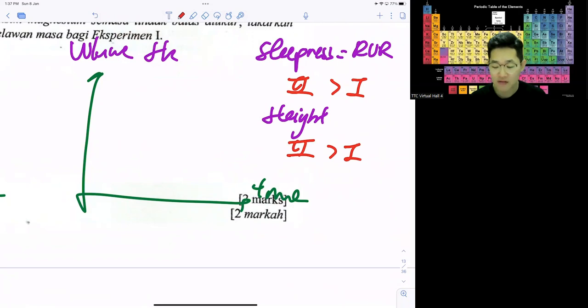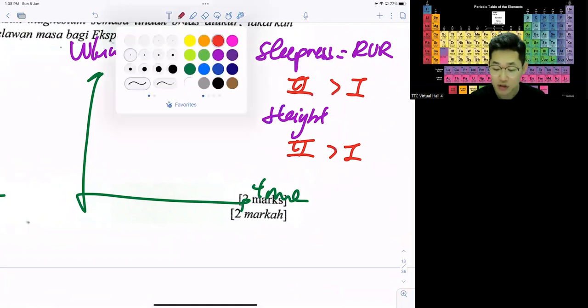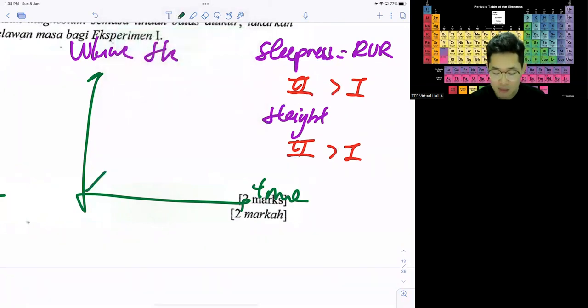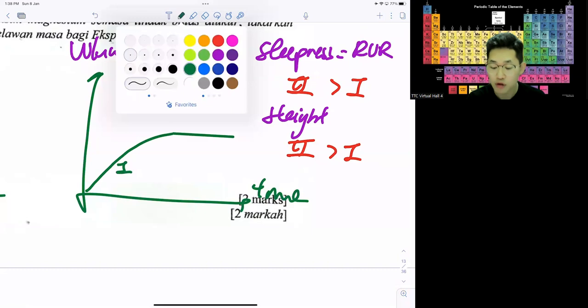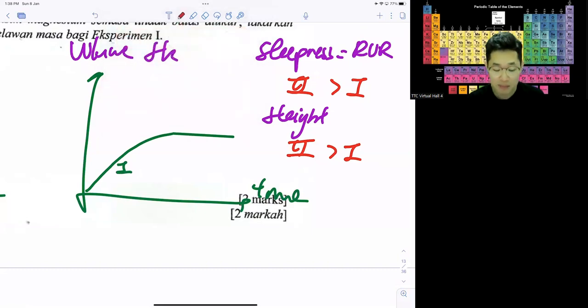So when I'm sketching my graph this time, I know that I have to draw 2 steeper than 1, 2 higher than 1. That's it. First, we simply draw 1 as a standard, and I label it as 1. Now I'm drawing 2 that has to be steeper and higher.